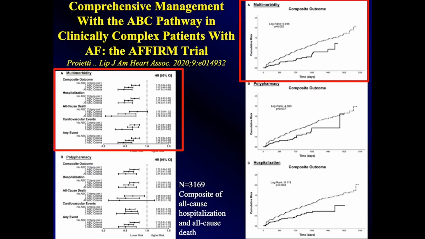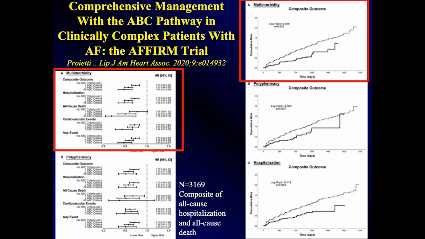We have also looked at the ABC pathway in clinically complex patients, and we use the AFFIRM trial. This was an old clinical trial which was well performed, but nonetheless important because we have adjudicated clinical outcomes and good follow-up.